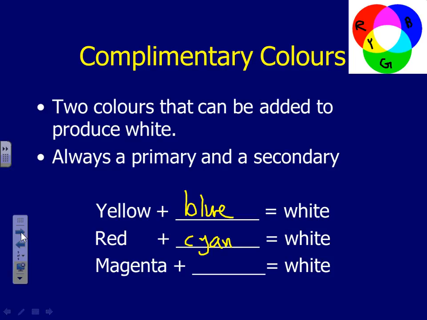Does it make sense? So they're kind of opposite each other on that diagram. Magenta. What would I add to magenta in order to get white? I would add green to magenta. It's opposite of magenta. There's magenta right there, and I would need green. Okay? All right. So they would be called complementary colors.